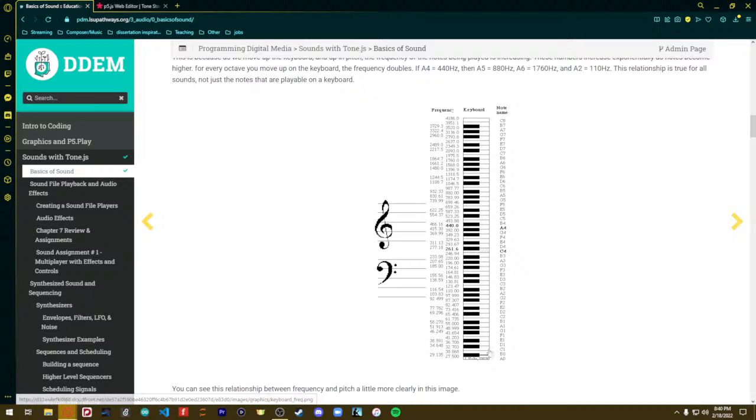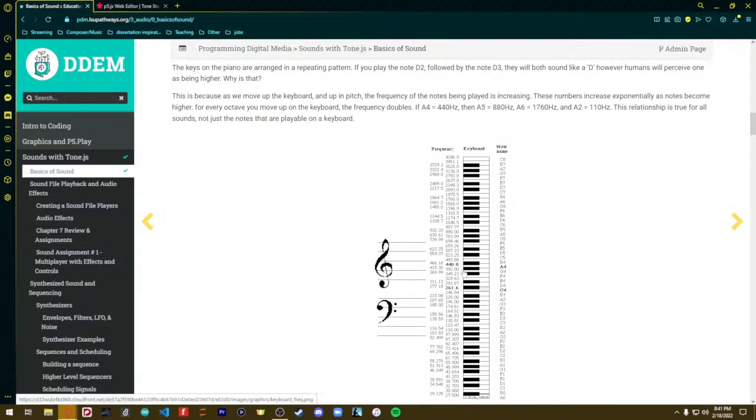Down here on the low end of the piano, looking at the A's, 27.5 hertz is A0. If we jump up to A1, that is 55 hertz, if I'm reading that right. It's a little cramped, but then A2 would be 110, A3 is 220, A4 is 440, 880, and so on. So we essentially have to double every time we want to move up an octave. Yeah, here is that math again.